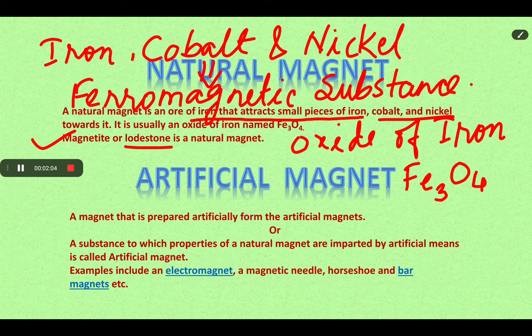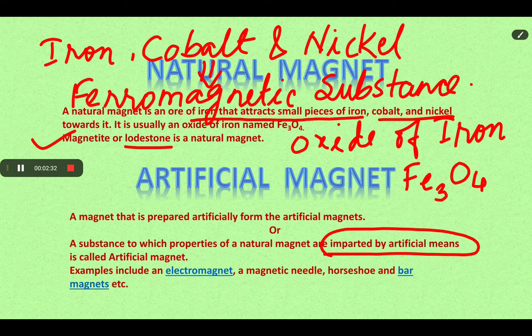Here, the second is artificial magnet. So, the magnet which is prepared artificially is called artificial magnet. Or we can say that the substance to which the property of natural magnet are imparted by artificial means is called artificial magnet.